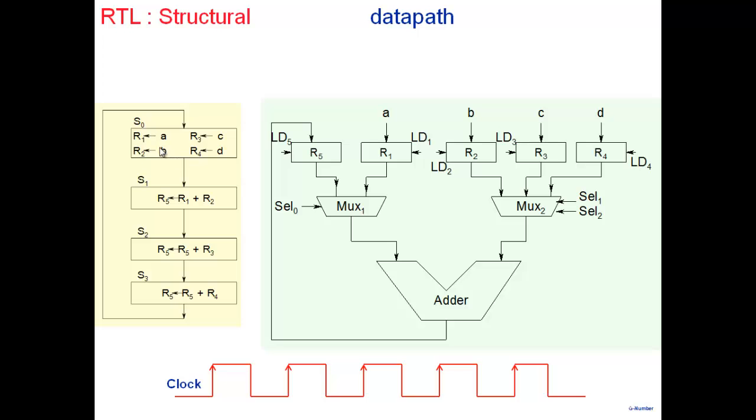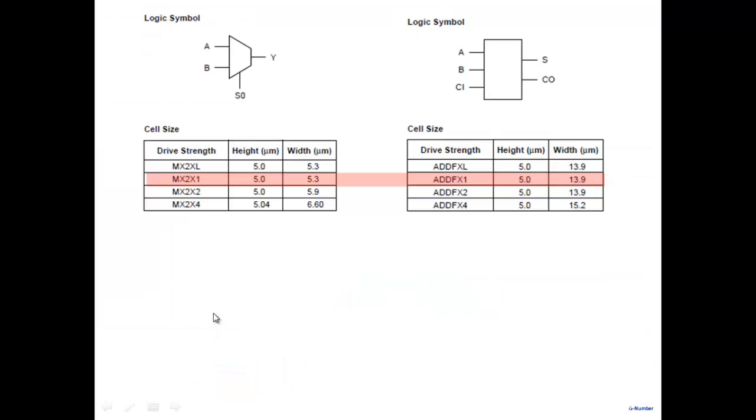And I have to say what happens in each particular state. Once I have this particular view, it's rather straightforward to map it onto this. It's just a question of how many registers are there, what muxes are there, what adders and all that. And from this particular view, we can derive now.